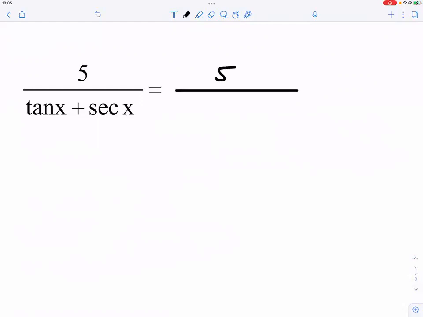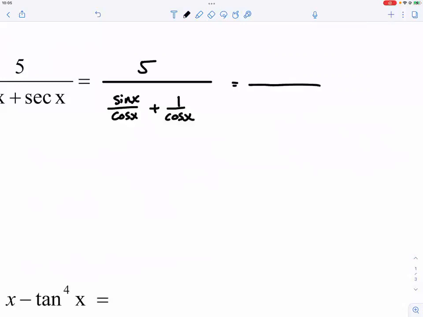So if you just entertain the idea of changing these two back to sine x and cosine x, you would quickly see something like, wait a second, they happen to have the same denominator. And that's why you need your mental math. You've got to see the possibility.